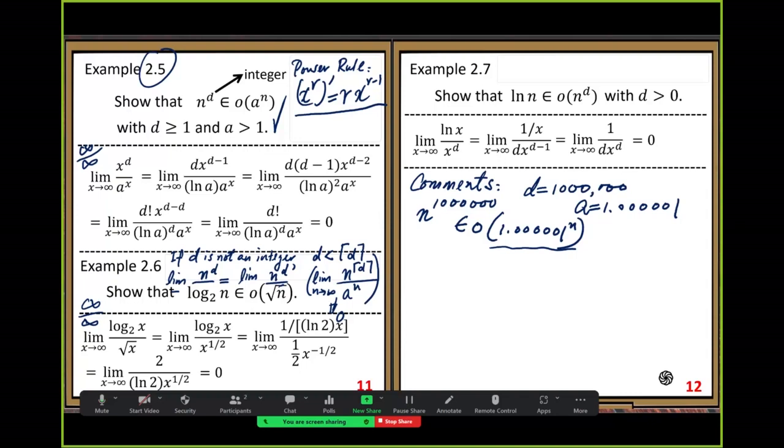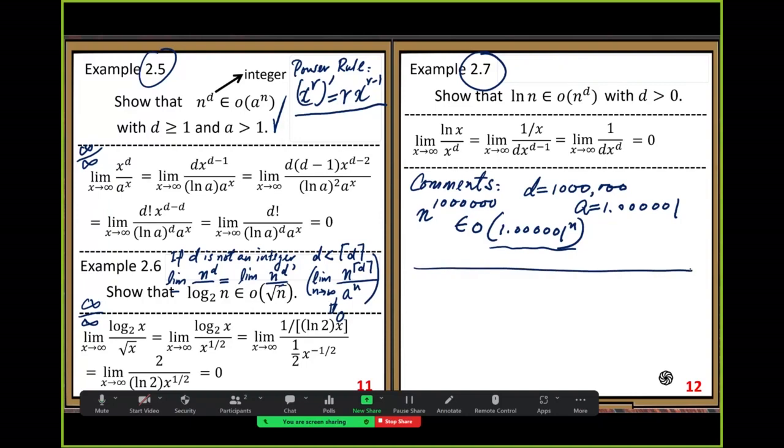Second one, look at example 2.7. This time, natural log of n belongs to little o of n to the d. That d we only need to be positive, right? If it's positive, yeah.